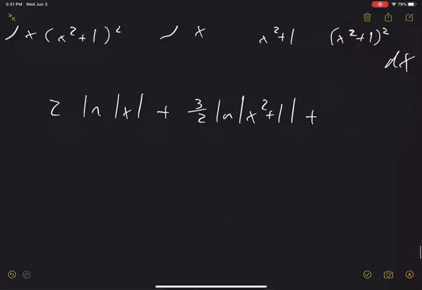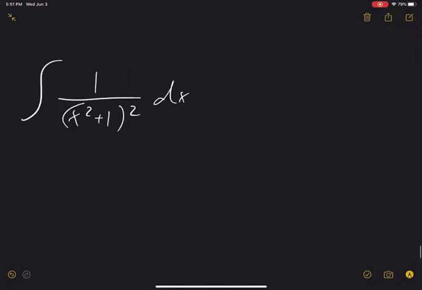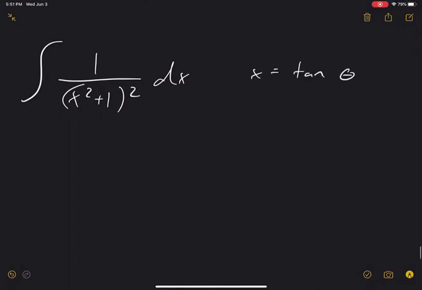But let's try it. 1 over x squared plus 1. If I want to integrate this thing just by itself, this looks like a tan substitution. So let's try it and see what happens.